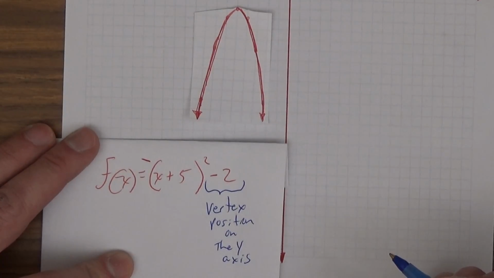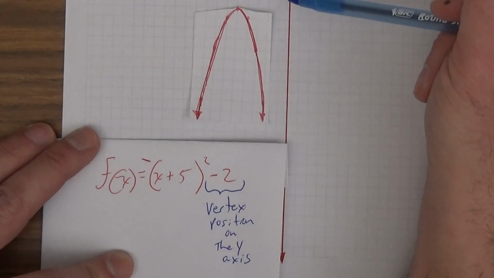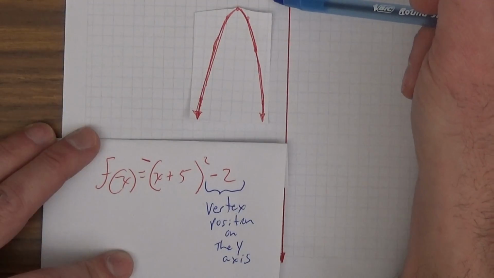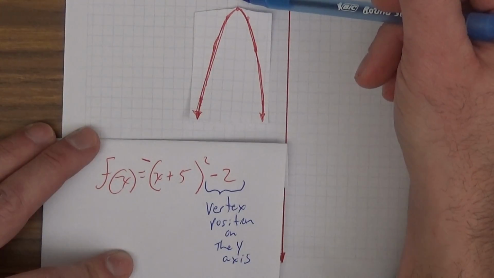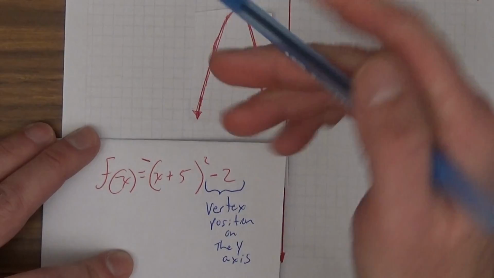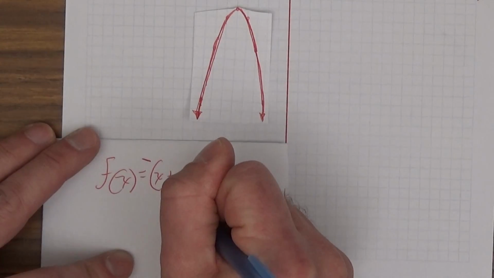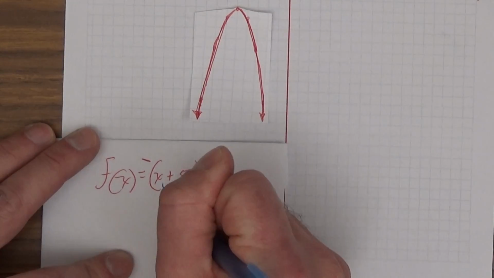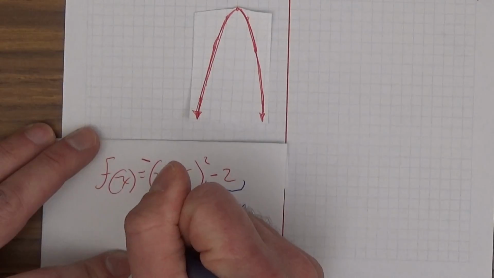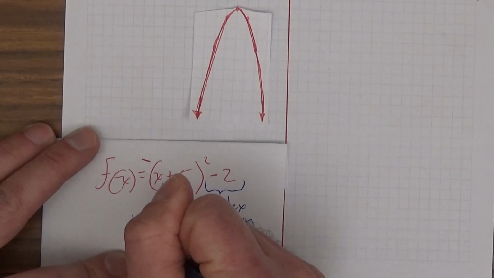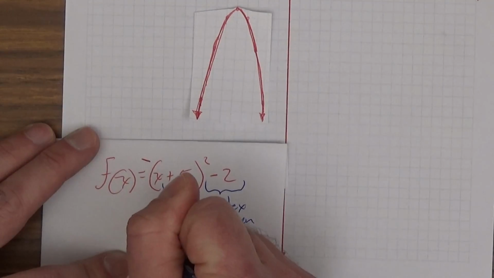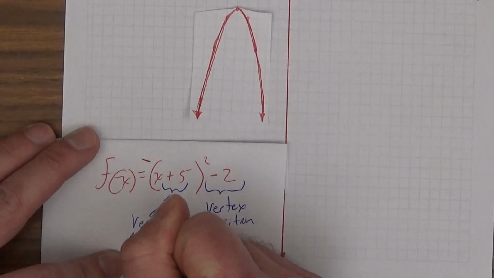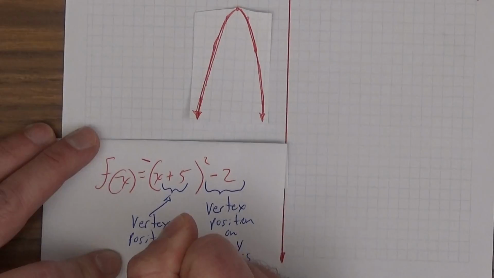All right. Now, it is also shifted to the left. 1, 2, 3, 4, 5 places to the left. Oh, look at that. This is the vertex's place or position on the x-axis.